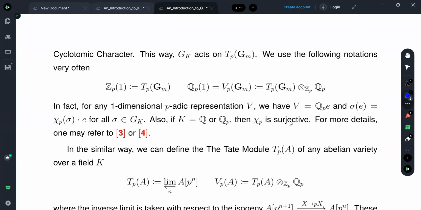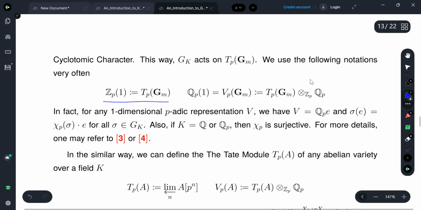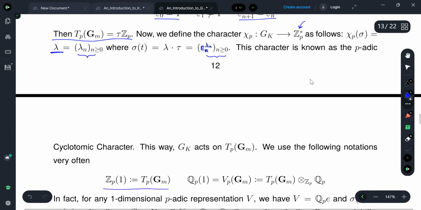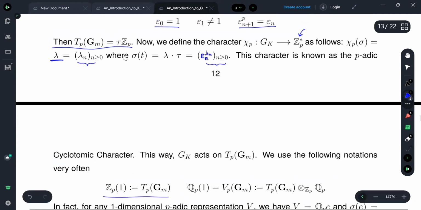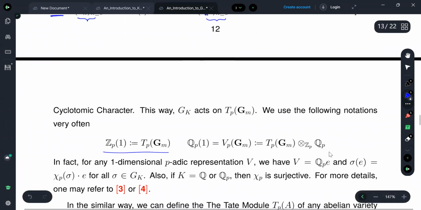We say Z_p(1), this is a standard notation, is defined to be this Tate module of the multiplicative group, that is the p-adic cyclotomic character, and we define Q_p(1) to be the tensor product with Q_p. So this is a Z_p-valued representation, but if I tensor with Q_p, then it will become a one-dimensional Q_p representation.